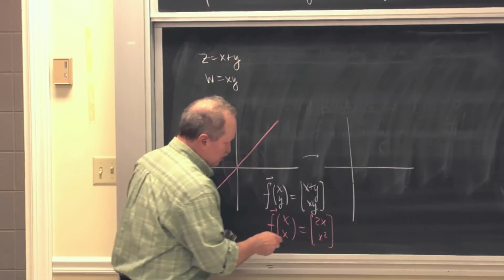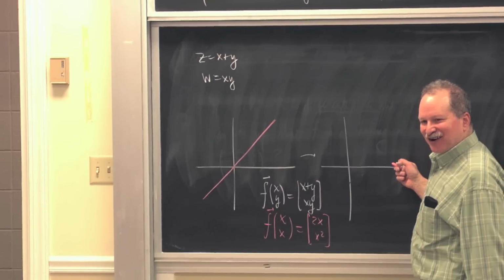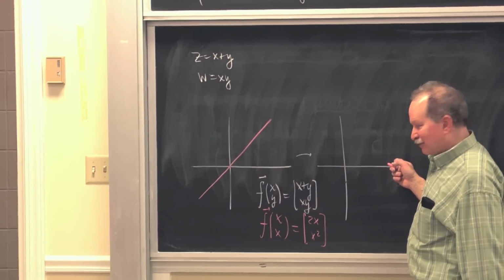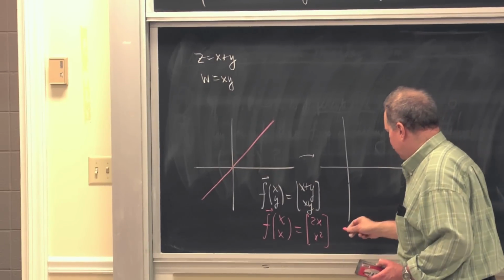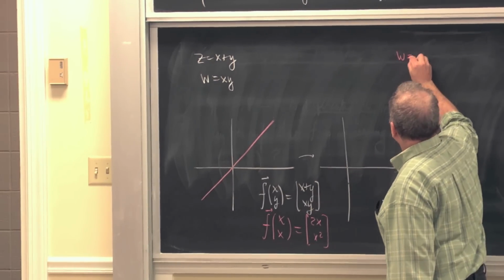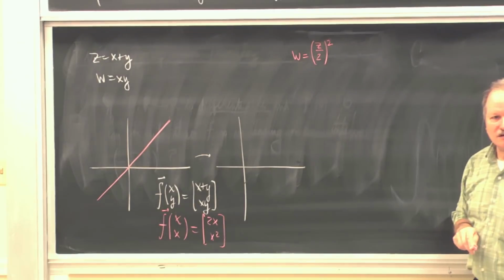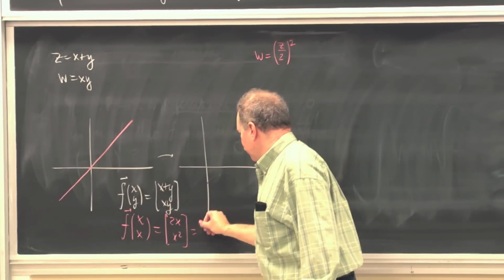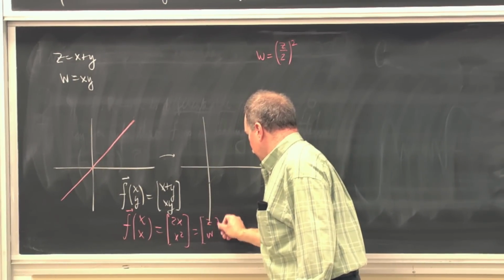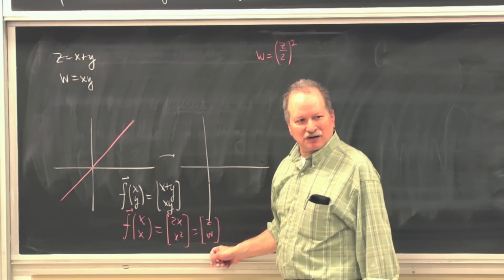So in other words, you're looking at a parabola over here that's given by w equals z over 2 squared. And this is zw. So if I take z over 2, that's x. If I square it, I get w.